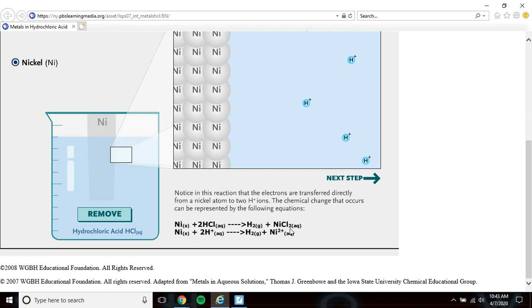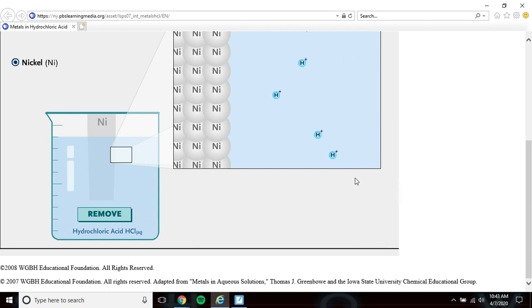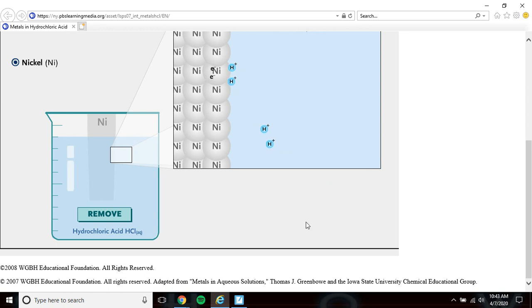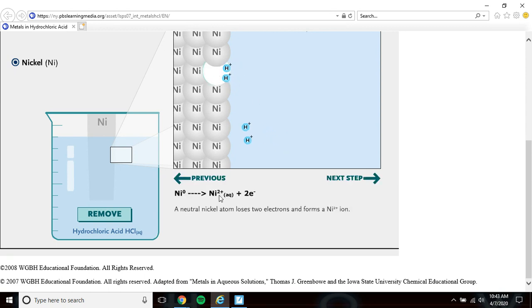Which ion gained electrons? We can run this one more time. Which ion is gaining electrons? Here's the nickel, 0, losing. So the one that lost electrons is Ni0. And next step, which one's gaining electrons? That's going to be this H+.